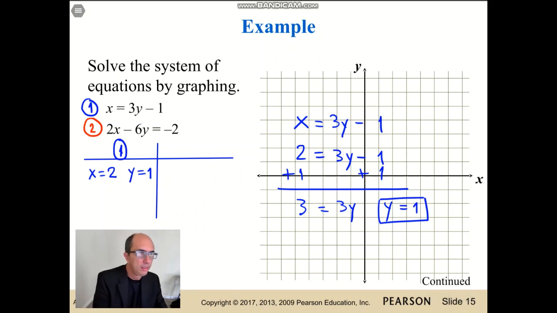And I'm trying to guess numbers that will give me integers as a result for y, just to make it easier to work with the graphic. Okay, but you can guess any numbers that you want. You can work with fractions if you want, but I think it's easier to work with integers.